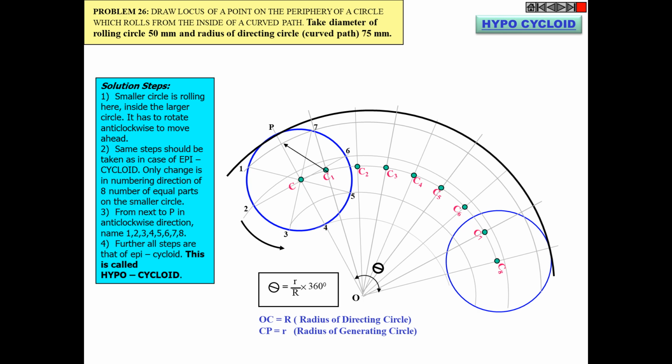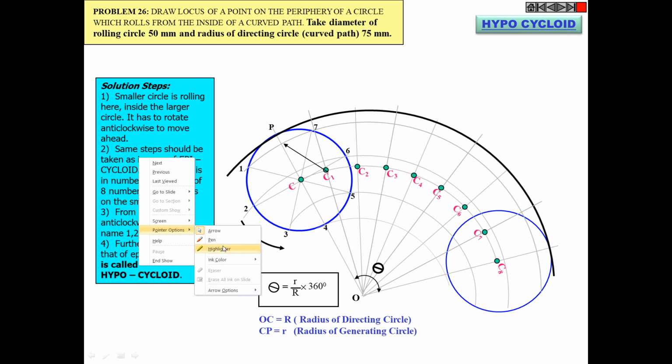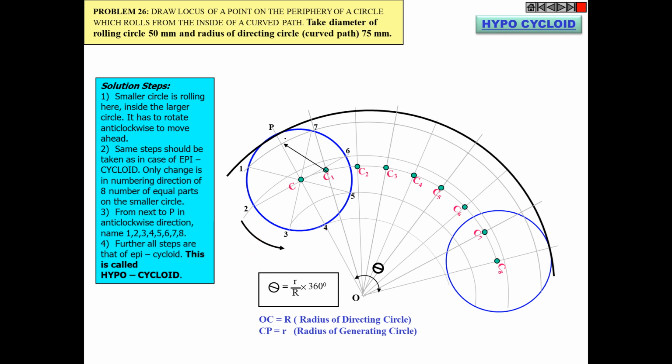So place that length at point C1, and you have to cut on which arc line. Since you are talking about C1, identify the first point from your rolling circle, then identify that curved line passing through point 1, which is nothing but that 1 7 curved line, and just cut an arc on that 1 7 curved line. Just cut an arc.